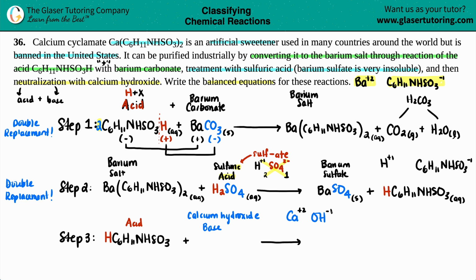So, we just have to take those charges, just like we've been doing, crisscross them. The 2 comes down telling me I need 2 hydroxides. The 1 tells me I need 1 calcium. And if you need multiple polyatomics, you got to use those parentheses. So calcium hydroxide is Ca(OH)2.